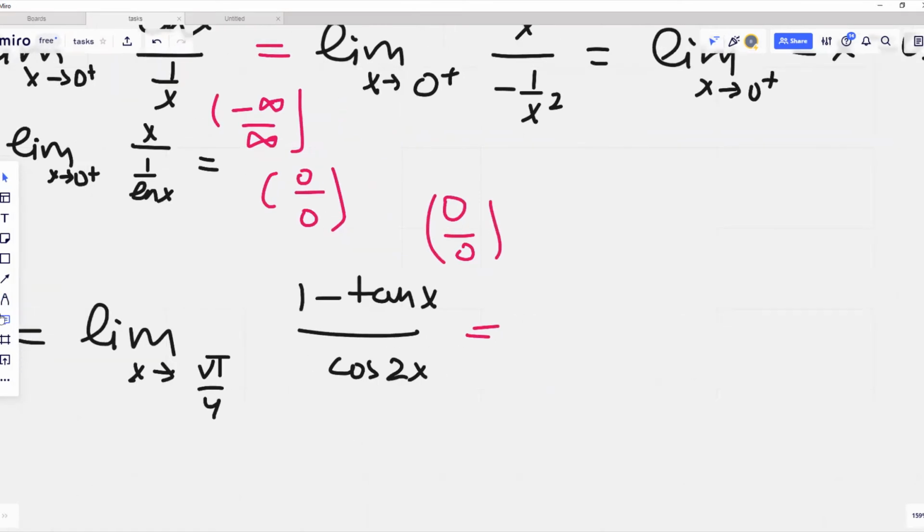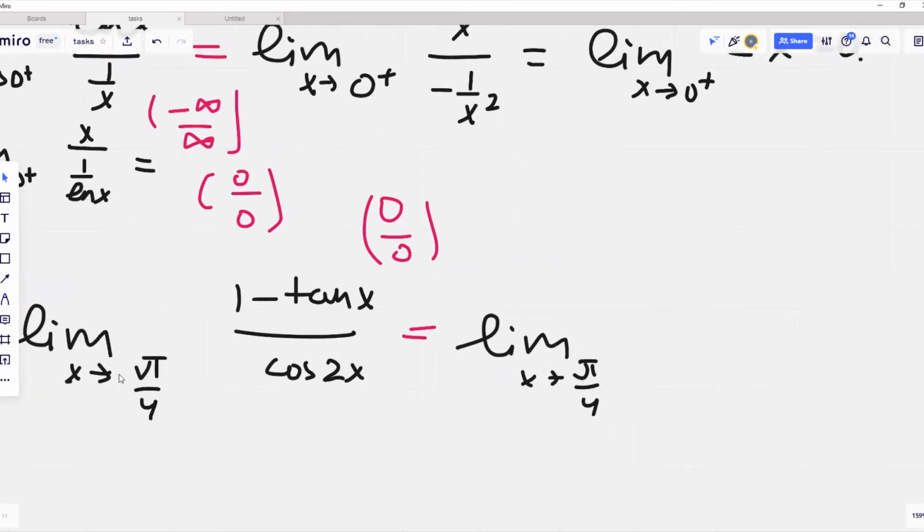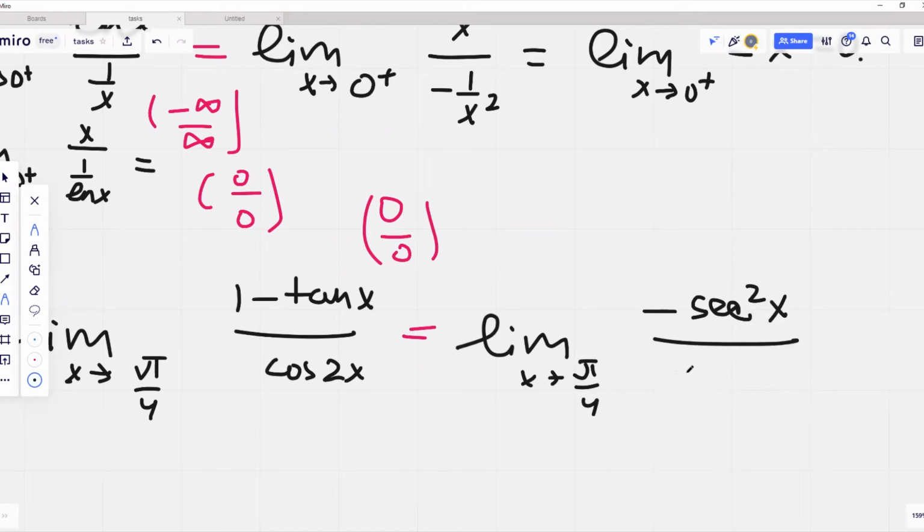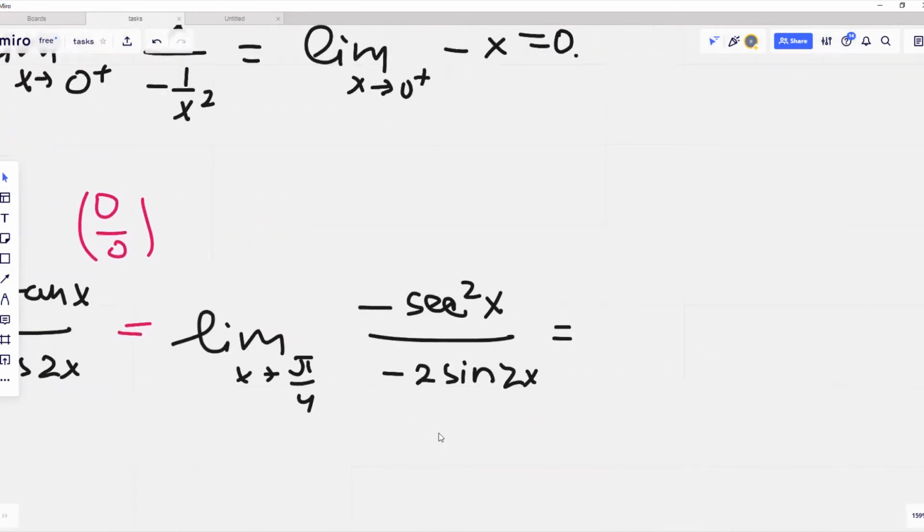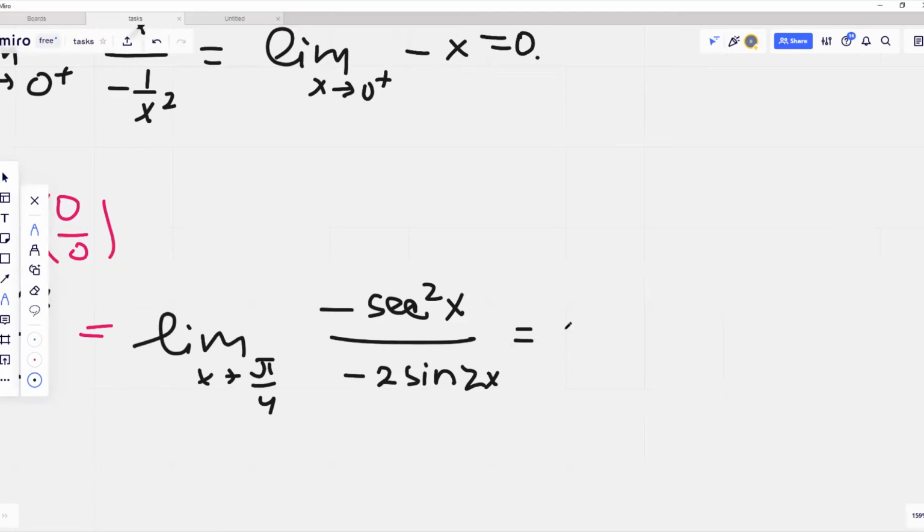So then taking the derivative, we can switch that limit with the following one. So minus secant squared of x over minus 2 sine of 2x. All right, so let's try to simplify that. We'll end up with the limit when x is approaching pi over 4.